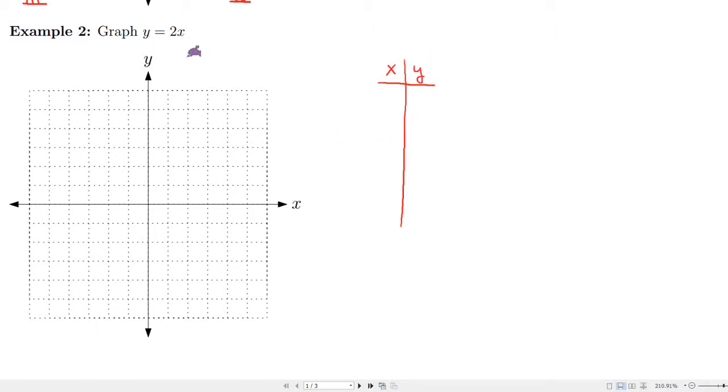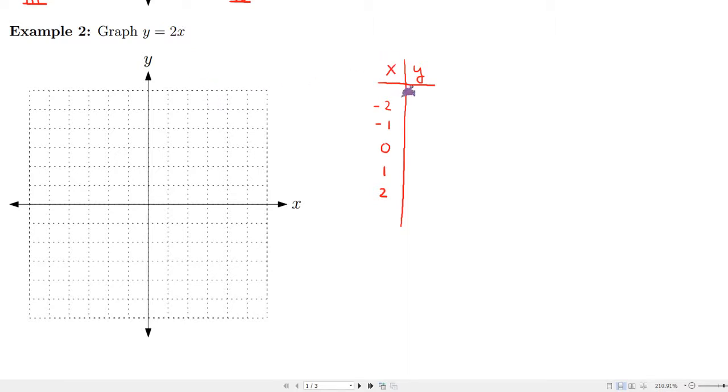Now the way that this equation is written, we can think of the y values depending on the x values in the following sense. Let's say that I pick some arbitrary x values here, say negative 2, negative 1, 0, 1, and 2. For each of these x values, we're going to compute what y must be so that this equation is valid.